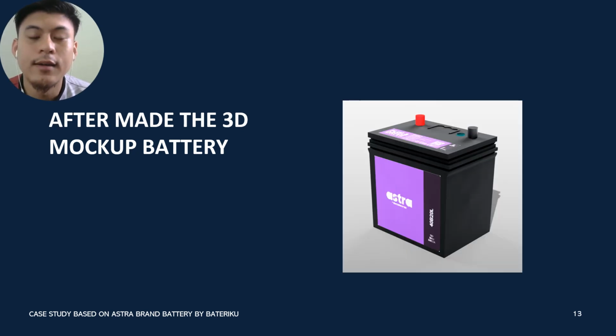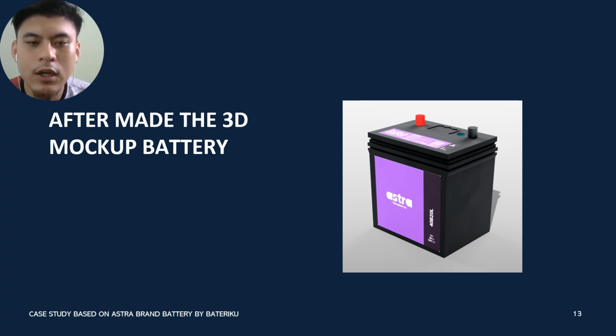And this is the result after the 3D mockup battery method. As you see in this figure, this is the Astra band battery, also the same model NS40B20L. This is the result from rendering in the 3D CAD software, Rhinoceros 7.